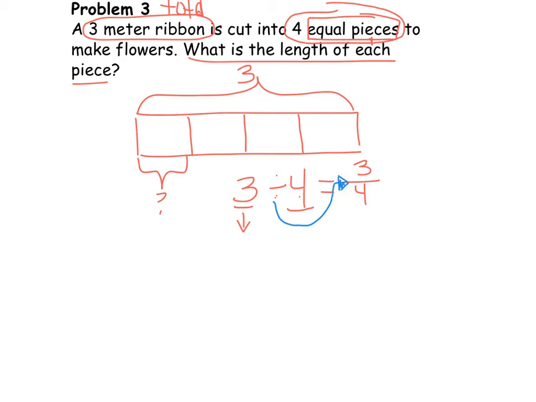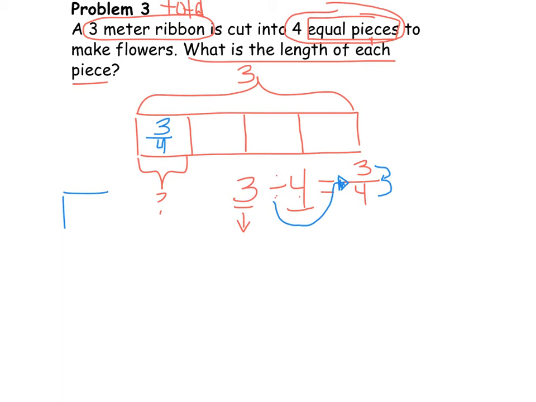So 3 divided by 4 is the same as 3/4. So I know that my unknown is 3/4. And that's all because my dividend was smaller than my divisor. I didn't have to show the division on the side.